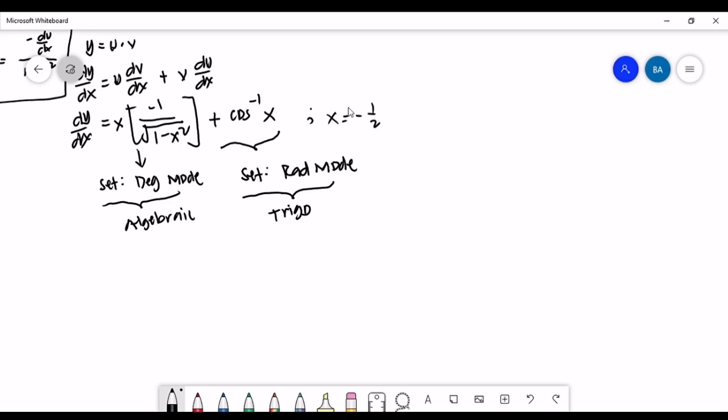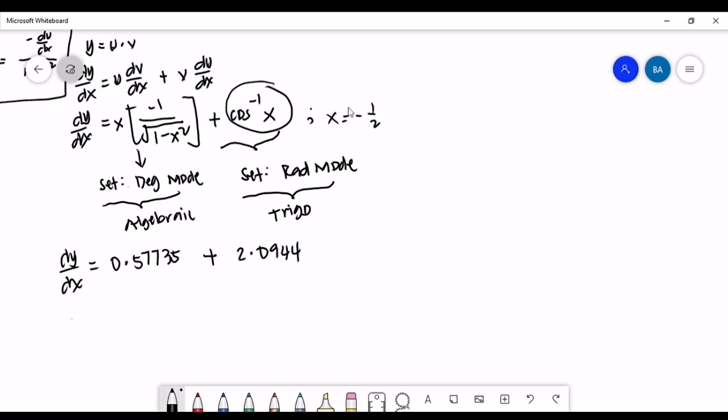So our dy dx, if we substitute x is equal to negative 1/2 in our first term, wherein your setting is under degree mode, this is equals to 0.57735 plus, then in here the value of arc cosine of x, wherein we are in radian mode, our x is equals to negative 1/2, our answer is equals to 2.0944.